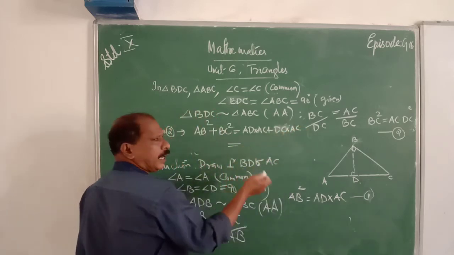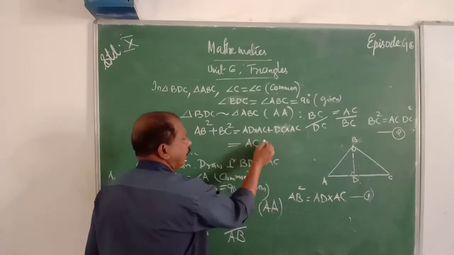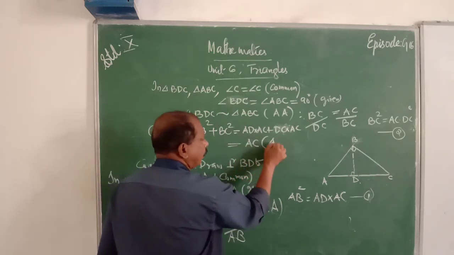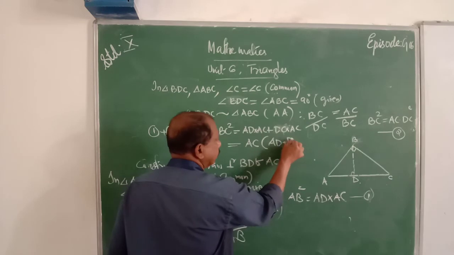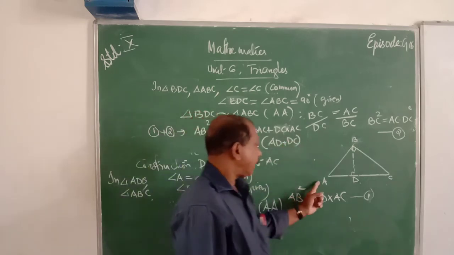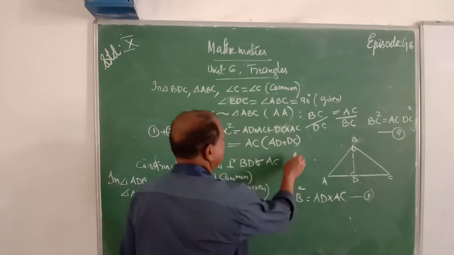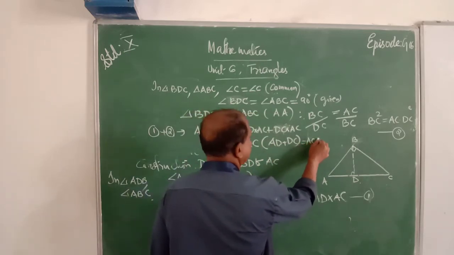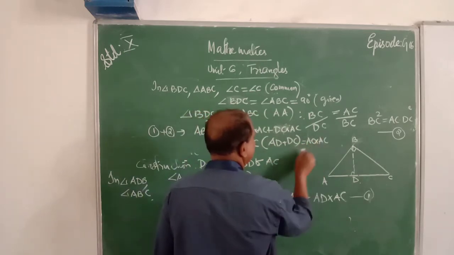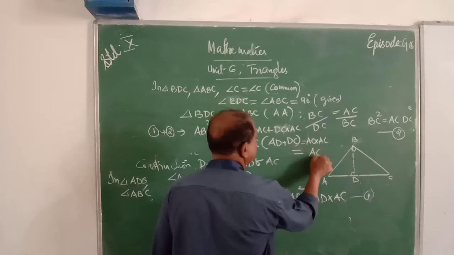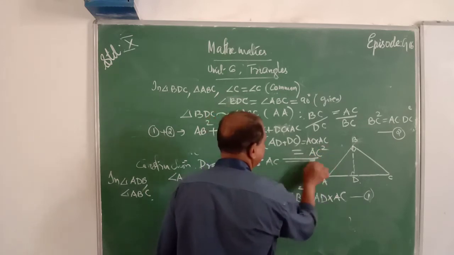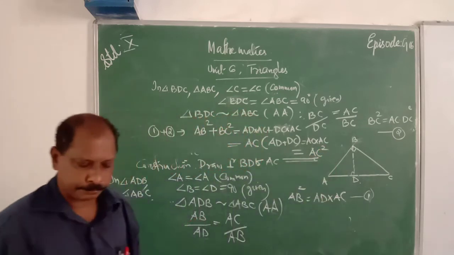We take AC as common: AC into AD plus DC. That is AD plus DC equals AC. So it is AC into AC, which is equal to AC square. That is the Pythagoras theorem.